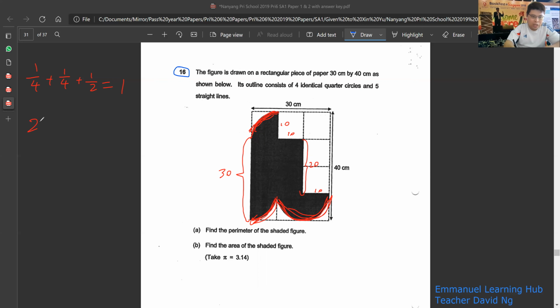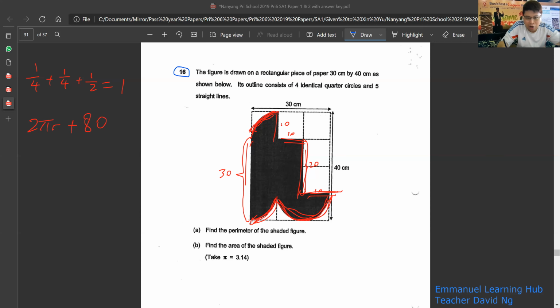Yes. So basically it's 2 pi r plus how many? Plus 30 plus 10 plus 10 plus 20 plus 10 plus 10. So 30 plus 10 is 40. 30, 40, 60, 70, 80. Okay. So it's 2 pi r plus 80, correct? Yes. Can always double check.